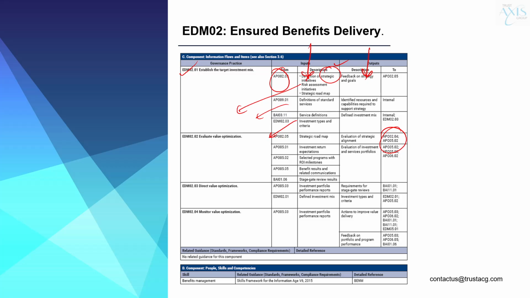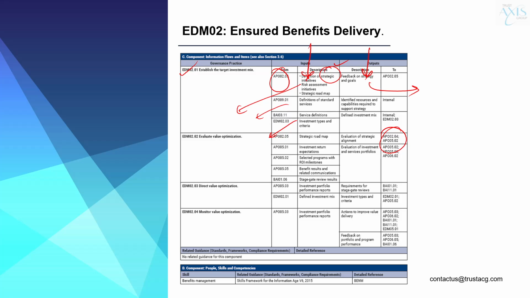So the outputs from the execution of this particular practice help you curate the feedback on the strategy and goals that can be leveraged by the management while prioritizing their management objectives.